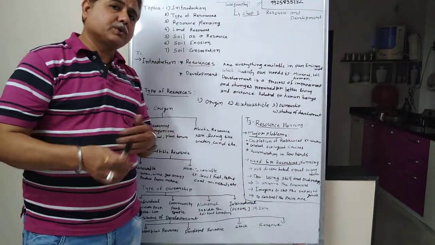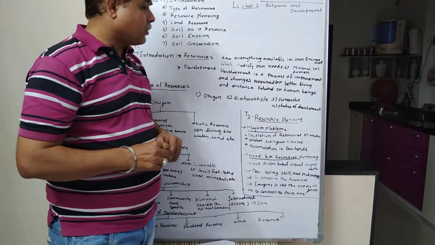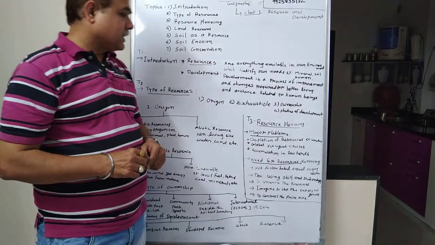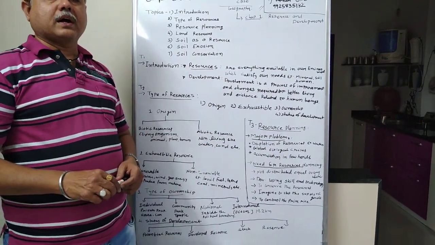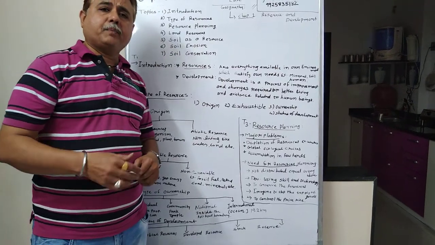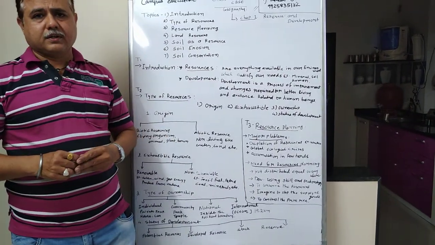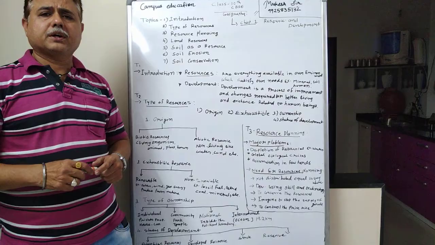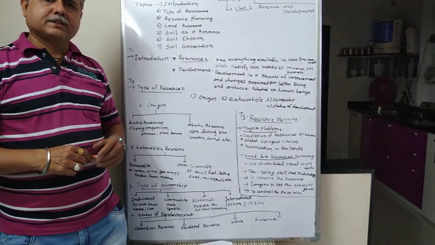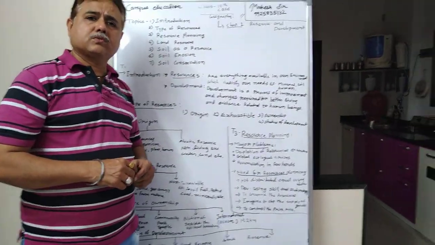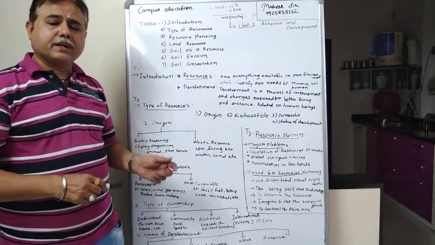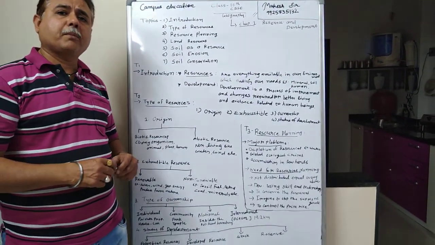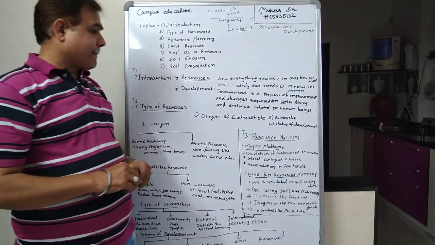If we are not using them planning-wise, many problems are created, just like depletion of resources. After some time it depletes, just like water. We are using water daily in our life: washing clothes, washing utensils, irrigation, drinking, and many other ways.